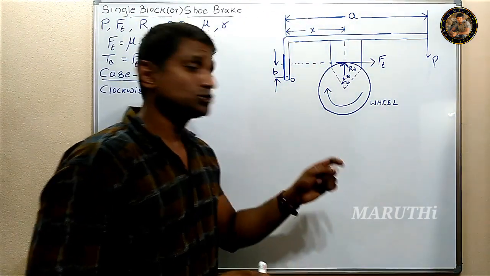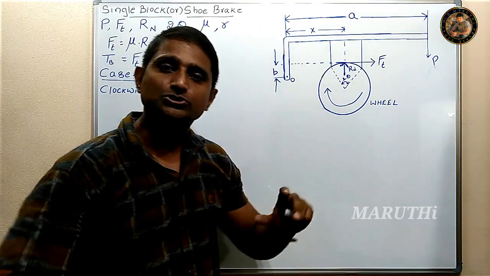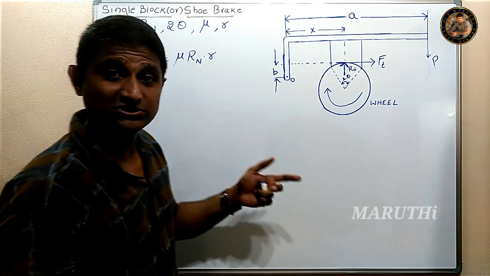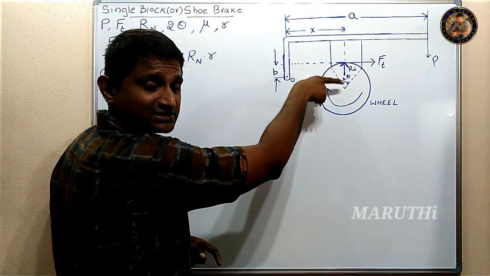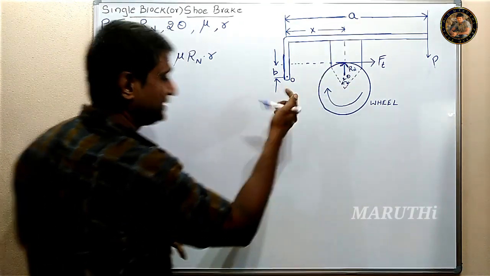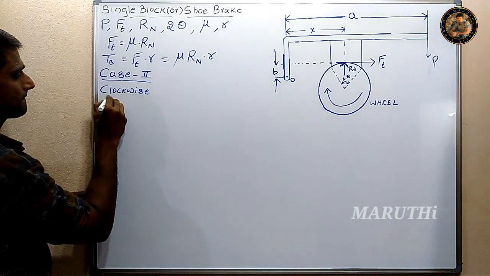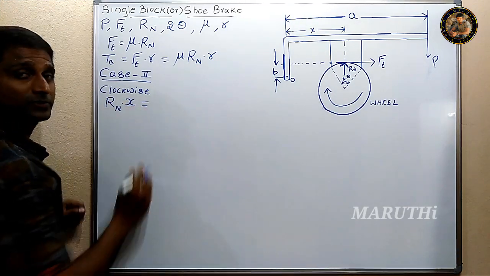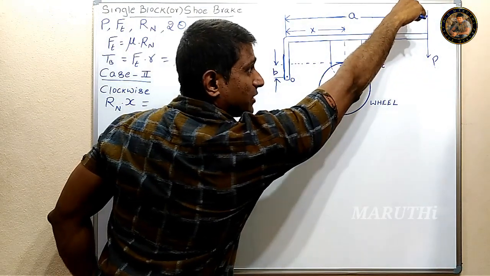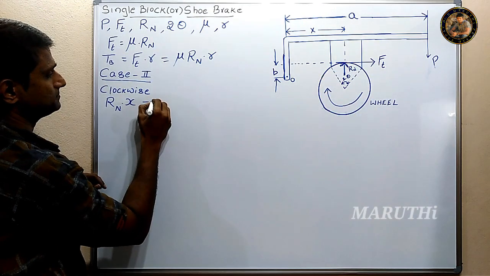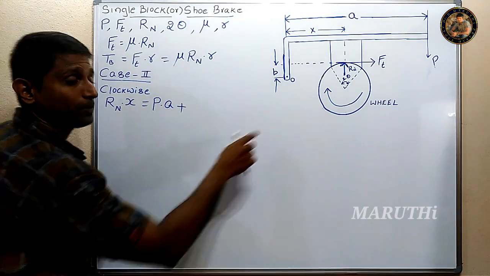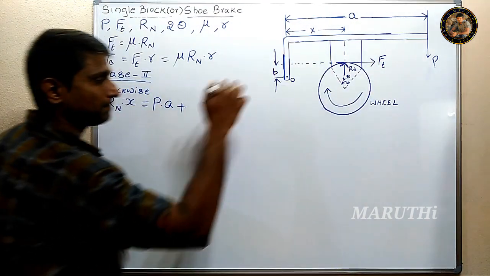So therefore, sum of all clockwise moments equals sum of all counterclockwise moments. So the moment because of Rn is counterclockwise, Rn into x, equals moment because of P is clockwise, P into A, plus moment because of Ft is Ft into B.